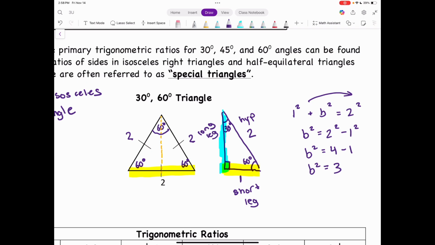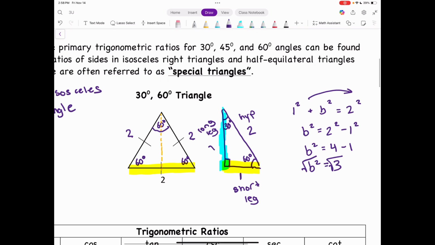We end up with b squared is equal to 3. To get b by itself, we would take the square root of both sides. So our long leg is actually equal to the square root of 3. This is our second special triangle, where the short leg is equal to 1, the hypotenuse is equal to 2, and the long leg is equal to the square root of 3. Okay, this is our 30-60 triangle.